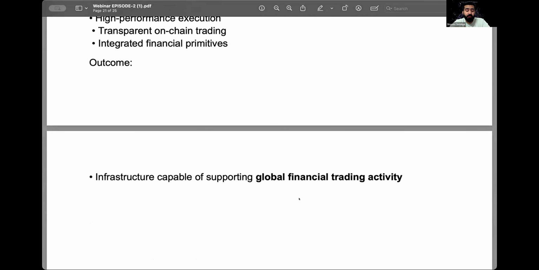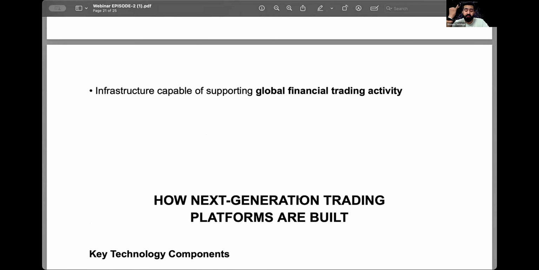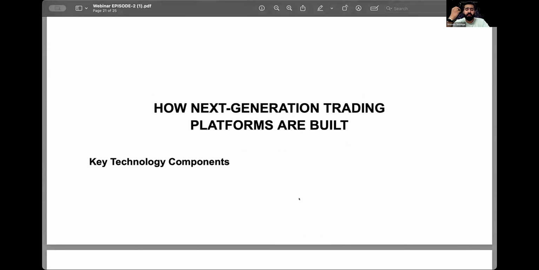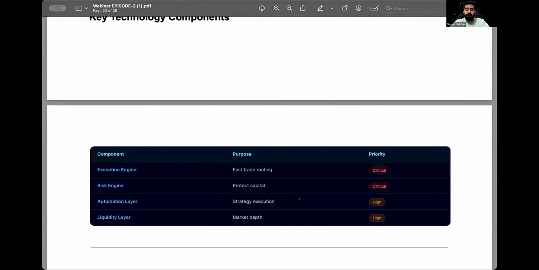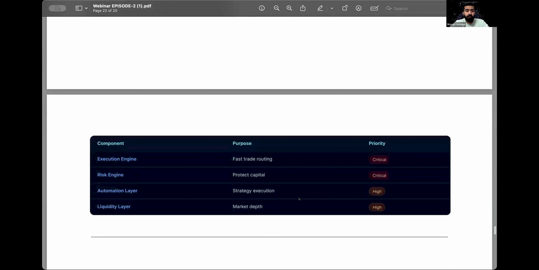So it is capable of supporting global financial trading activity, be it crypto, be it stocks, be it commodity. And how next generation trading platforms are built, we will discuss key technology components which are most essential in building next generation automated trading platforms.